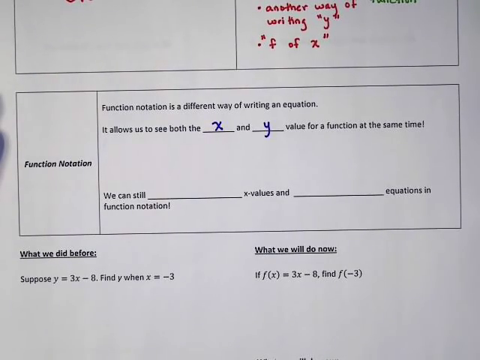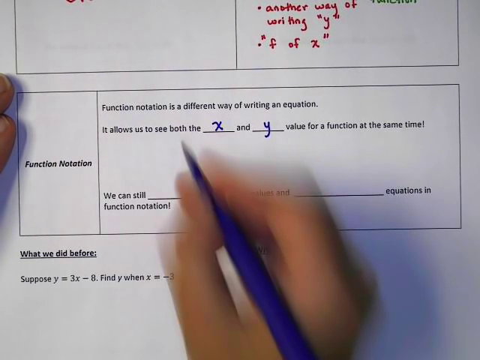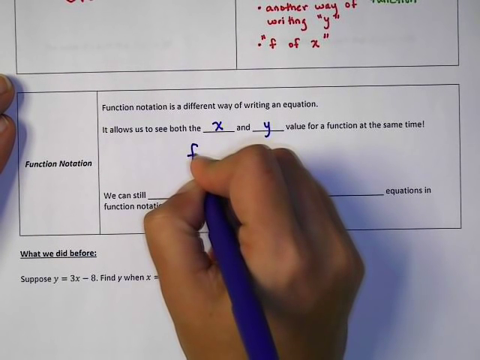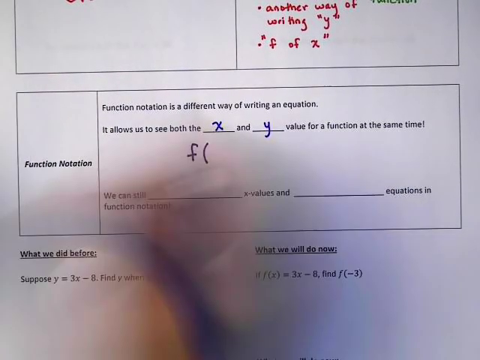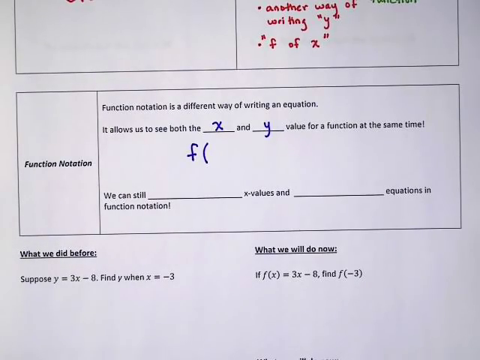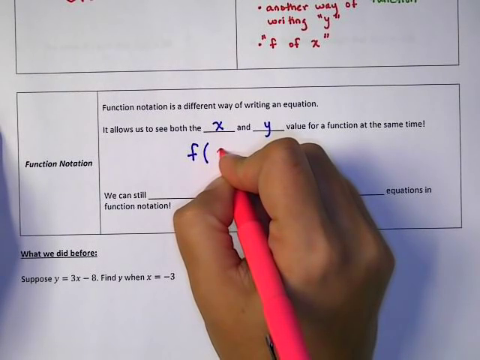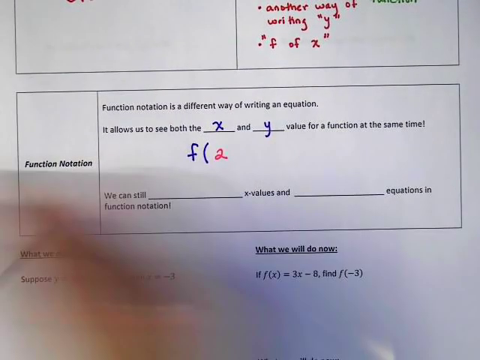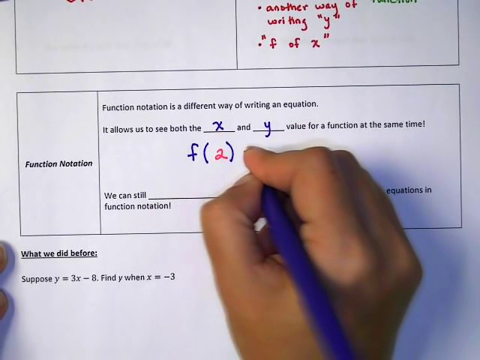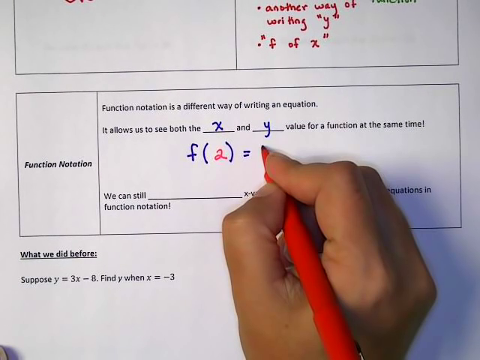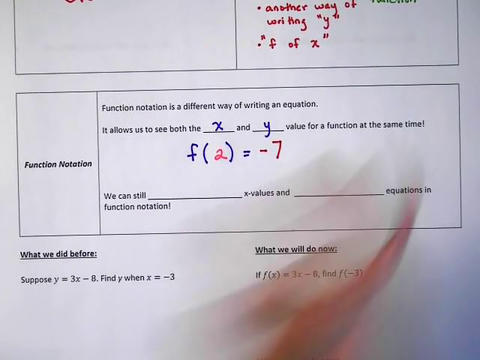At the end of the problem, when we're using function notation, your answer is going to look like this. F of 2, I'm just going to choose, and this is just an example. This is an example type of answer. F of 2 equals 7, or let's use negative 7.